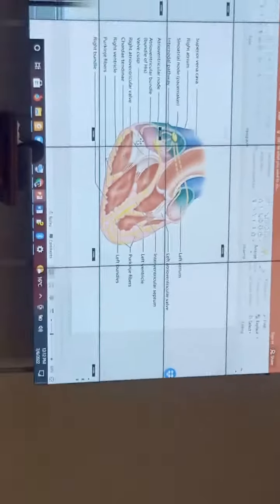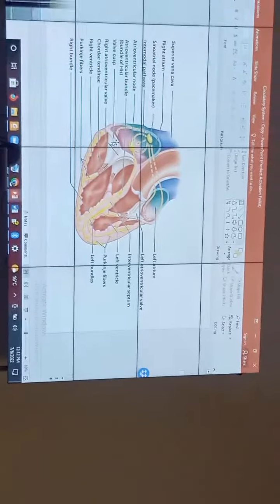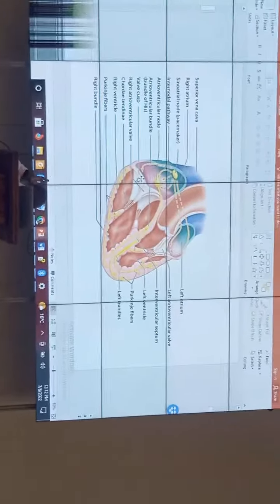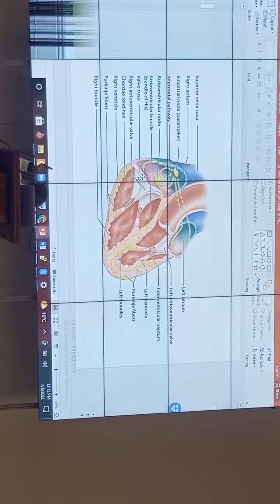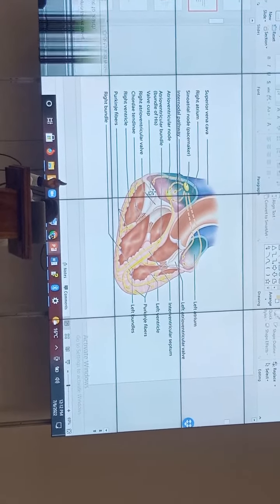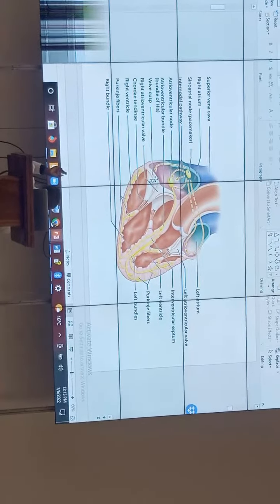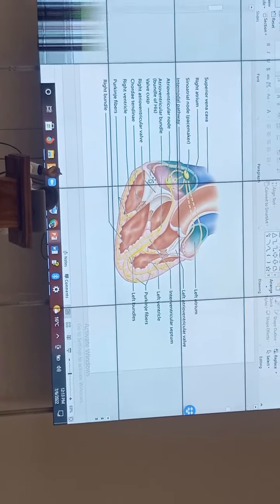Remember, we say that for a muscle to contract, you need impulses. You need what? Energy in form of ATP. What else do you need for a muscle to contract? Calcium. Okay.